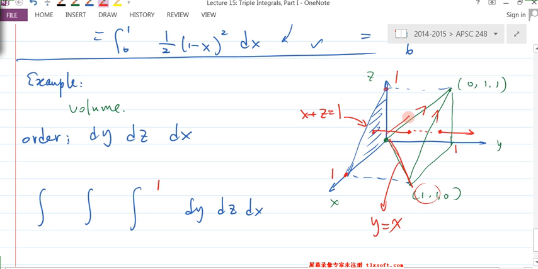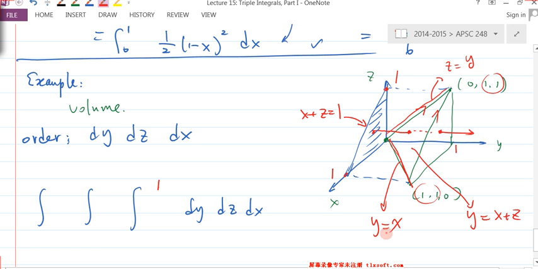And this line on the side here also goes through the origin and goes through 1, 1. So this line here is z equal to y. So basically, this plane intersects yz with z equal to y, and intersects xy with y equal to x. So you can summarize from this information that it gives you y equal to x plus z.